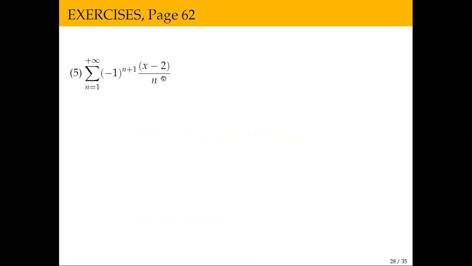So x minus 2 is independent of n. If that is the case, we can factor out x minus 2 from the summation. So this is just equal to this one. So meron kang x minus 2 times this infinite series, which is an alternating series. So you might want to apply the alternating series test for this one.